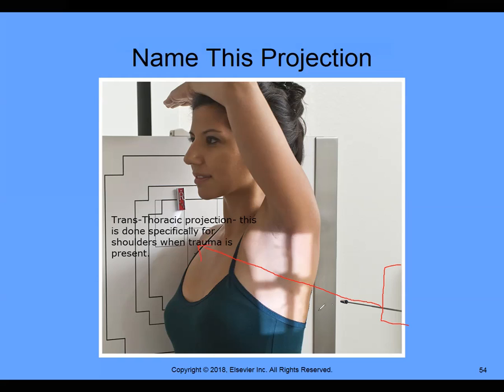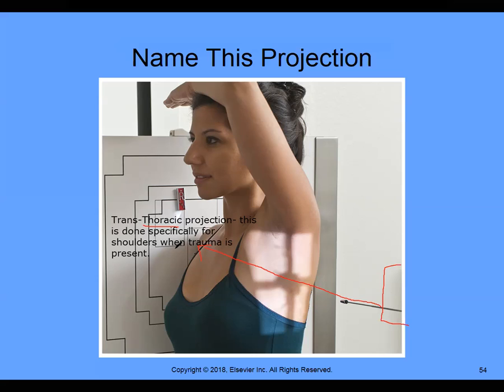So that's why we call it a trans, because it's going through thoracic to demonstrate that shoulder on the right side. If I turn her the opposite direction and bring her left arm down and abduct her right arm, then it'd be a left transthoracic. And again, specifically for shoulders when trauma is present.